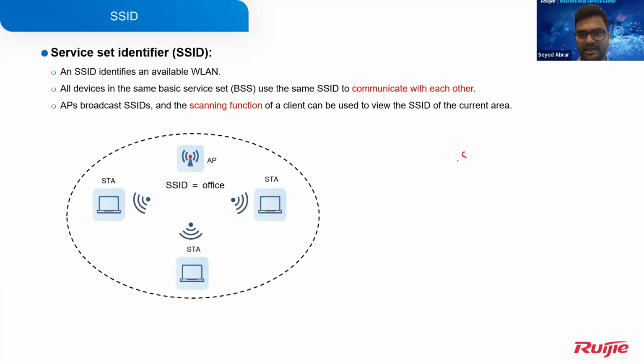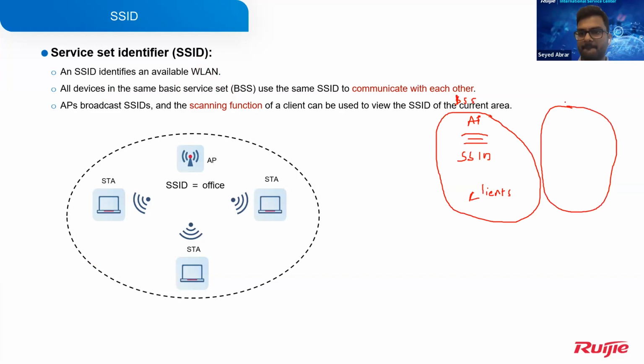So I can give an SSID, which your AP will give to your wireless clients. This is one BSS. There is a second AP. This is another BSS.